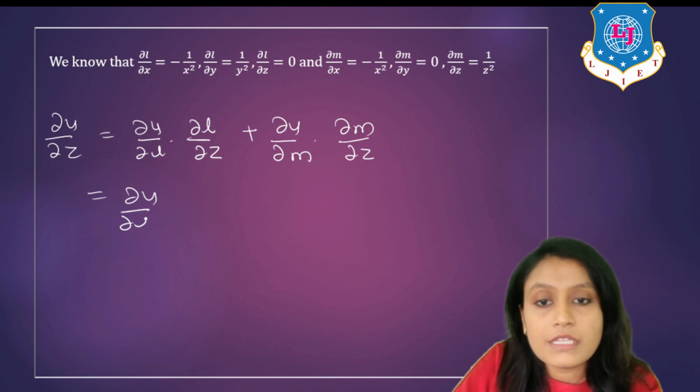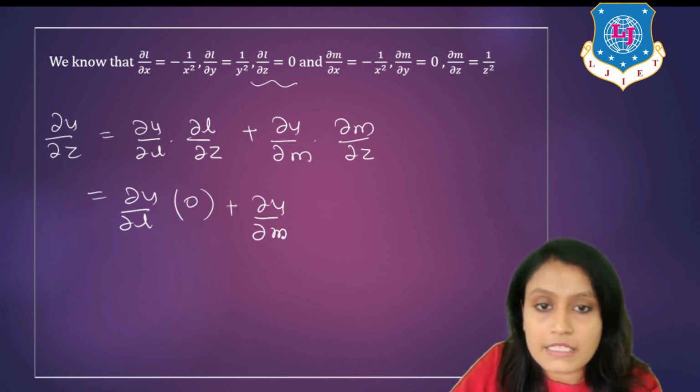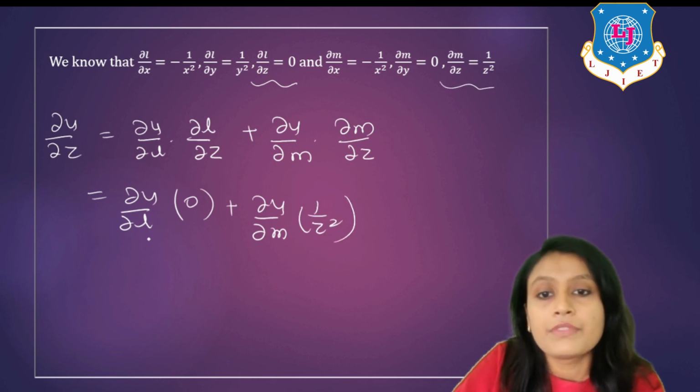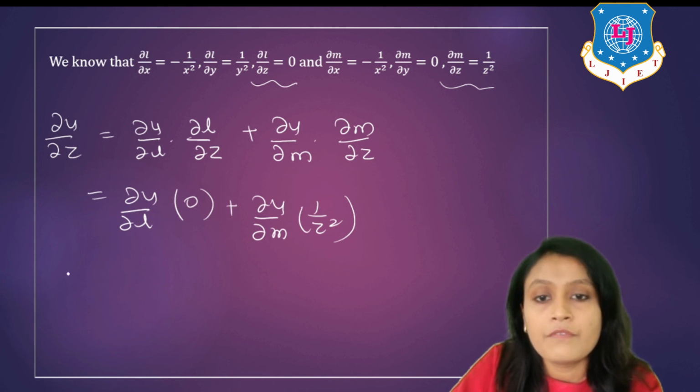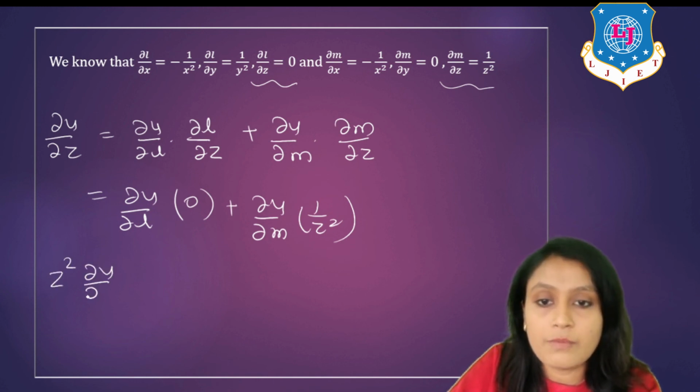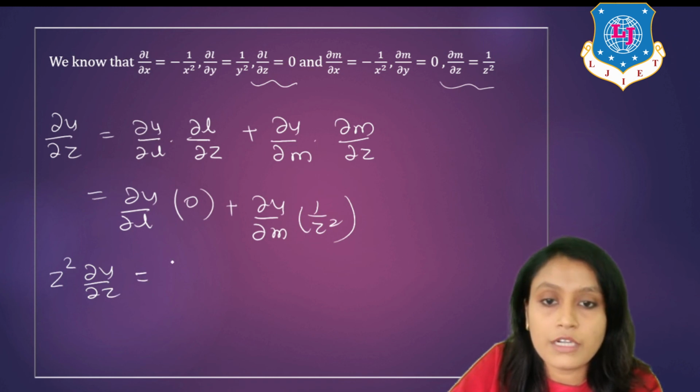Again, keep this ∂u/∂L as it is. ∂L/∂z is 0, plus ∂u/∂M as it is, and ∂M/∂z is what? 1/z², correct? Now this term is 0. We have to multiply it with z², so you will get z² ∂u/∂z equal to what? ∂u/∂M.